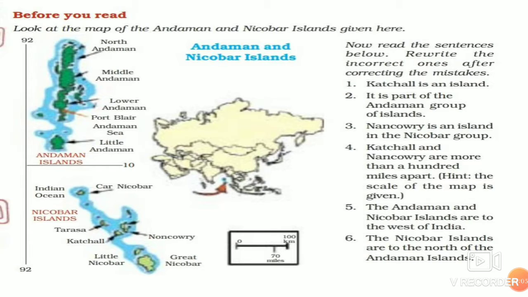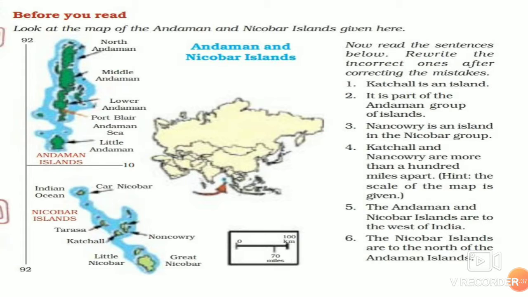Before reading, children, let us have a look at the Andaman and Nicobar Islands. This is very close to India. This is a group of islands. When you spot these islands, you may see that they are very close to each other, but actually they are not close. They are 70 kilometers away from each other.